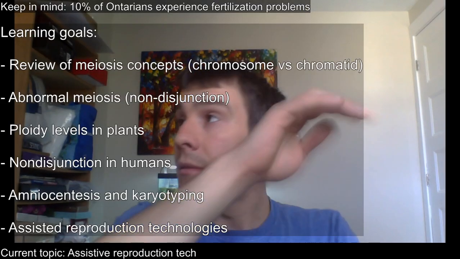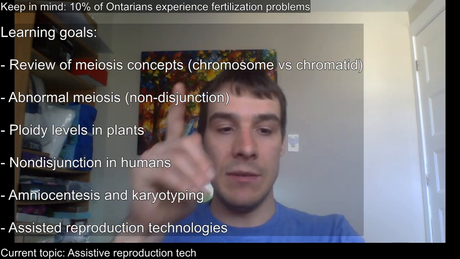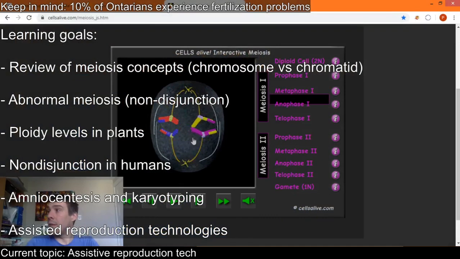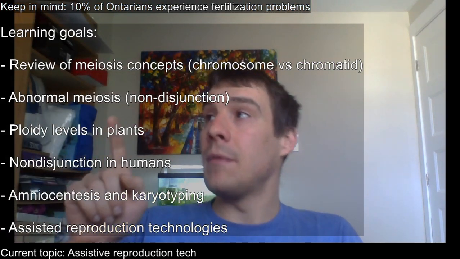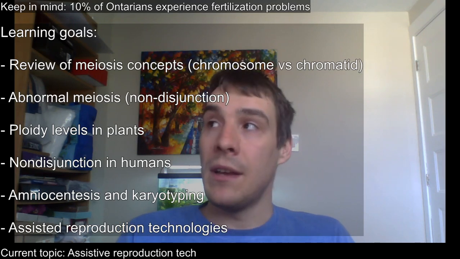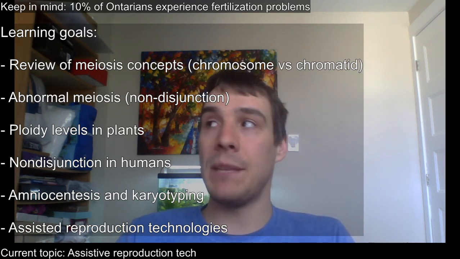All right, so back to our learning goals. We have reviewed meiosis concepts using the Interactive Meiosis website, which is that website there. That'll be in the description. We've reviewed some abnormal meiosis of some nondisjunction stuff. What causes nondisjunction, those microtubule things. We've talked about plant polyploidy, like how you make a seedless watermelon.